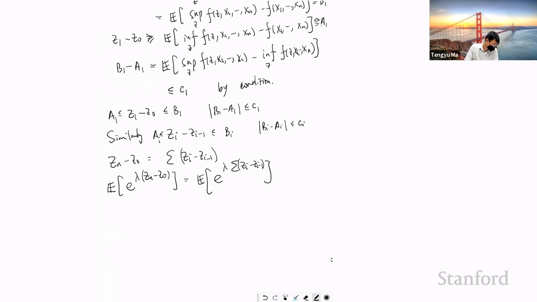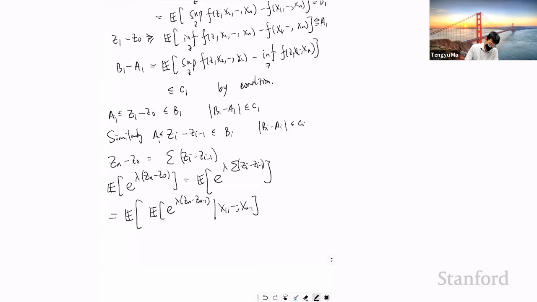We just use the conditional, kind of like the chain rule. So you first condition on x1 up to xn minus 1. Then you have the expectation of e to the lambda Zn minus Zn minus 1, conditional on x1 up to xn minus 1.